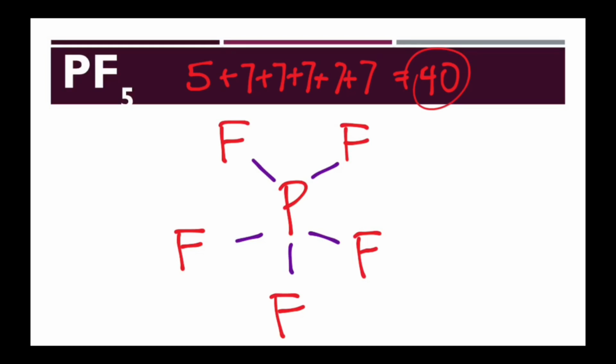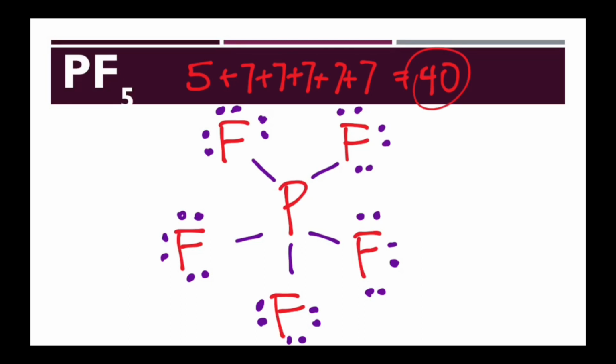Let's just keep going. My first fluorine to be full is going to need 6 more electrons, so that's now at 16. 18, 20, 22, 24, 26, 28, 30, 32, 34, 36, 38, and 40. So that is all my electrons, and all of my atoms are in fact happy and full.